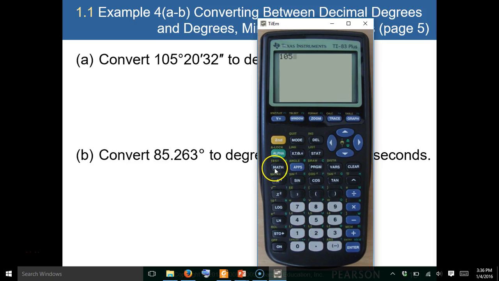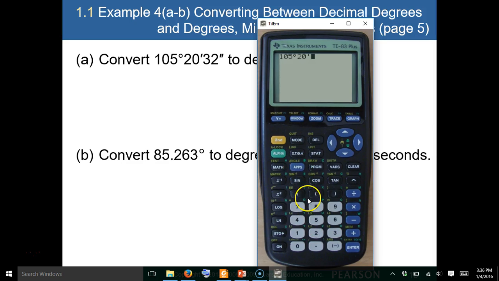And then where you're going to find degrees is actually hit the second apps button. And you'll see that stands for angle. And there's your degrees. Then put in 20. And again, go second apps. And number 2 there is your minutes.